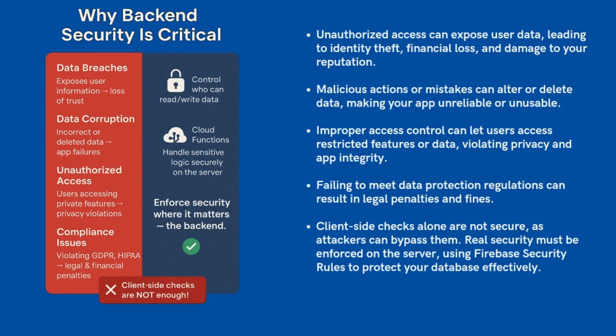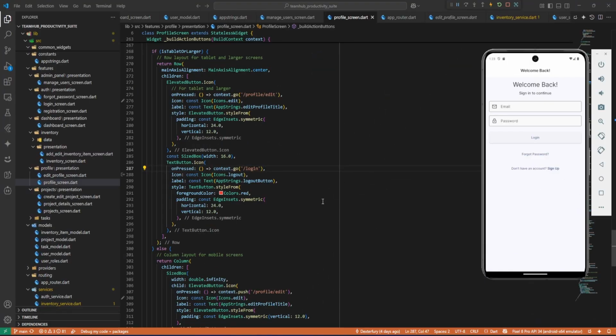So with this, let's have a quick look at our starter application, the application that we will use to learn all of these Cloud Functions features and Firestore security rules. This is our application called Team Up Productivity Suite. We are going to implement all of the features that we've just talked about, the security rules and Cloud Functions, in this application.